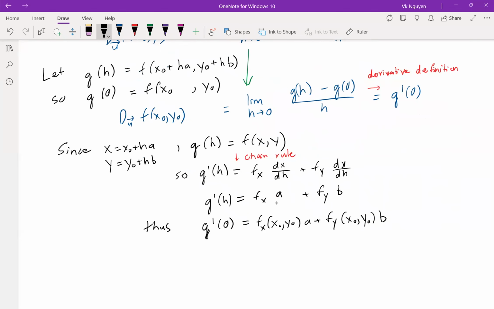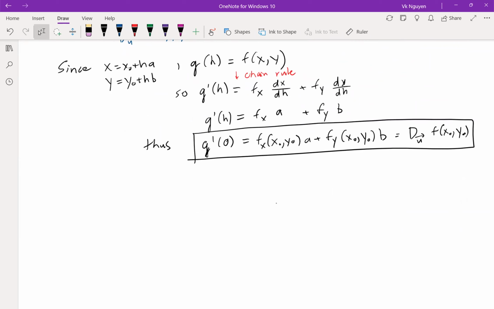But this is what we have here, and this is exactly the directional derivative of the function at (x0, y0), if (x0, y0) is an arbitrary point. If you have any question, let me know, guys. Make sure that you follow the direction here.